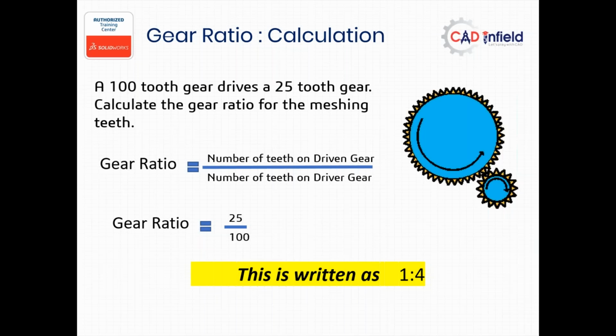Very basic calculation, but you need to ensure whether you are getting an increase of speed. I repeat, whenever your input shaft diameter is larger than your output shaft or driven shaft, you will get a reduction in speed. Whenever you have an input shaft as smaller and output shaft as larger, you will get an increase in speed. It depends upon where your motor, your engine, your prime mover is.